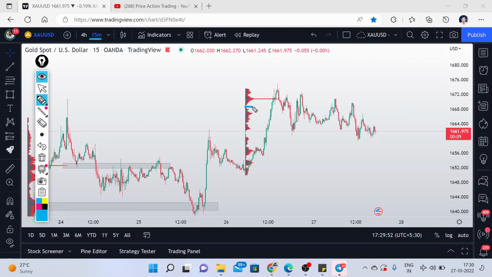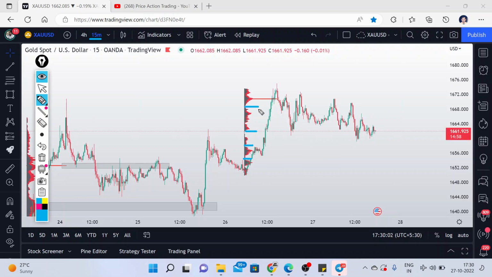So this area and this level and this level, where you can see very little volume traded, are now acting as imbalance, and price might mitigate those levels. You can see that price tested this level also, and this level is not tested yet.